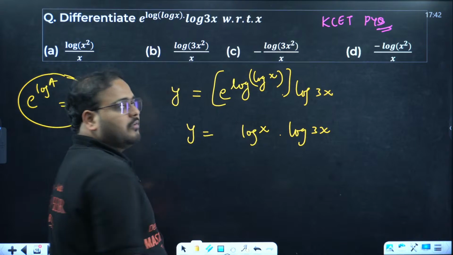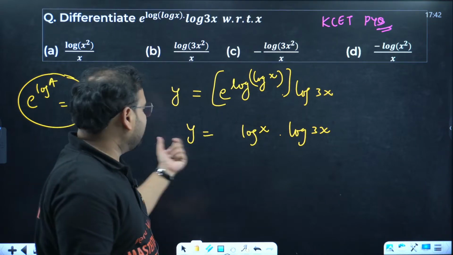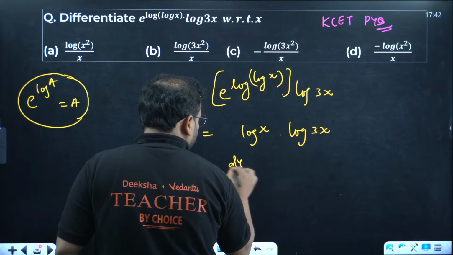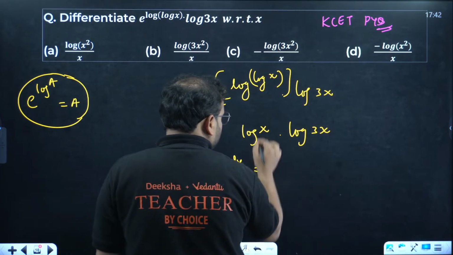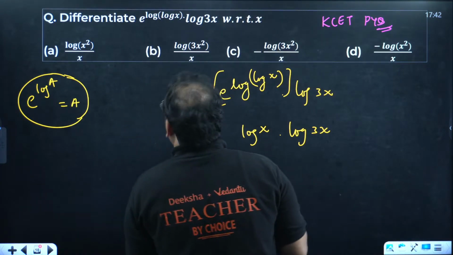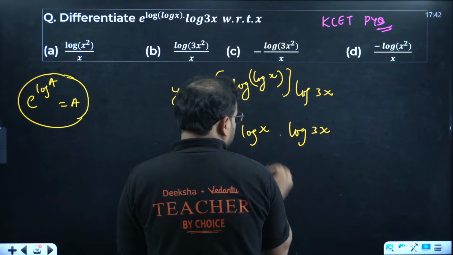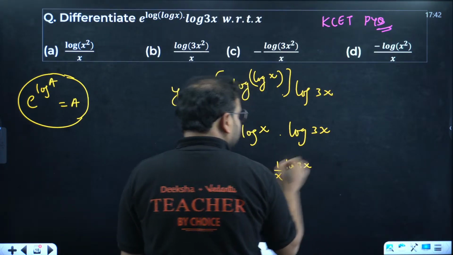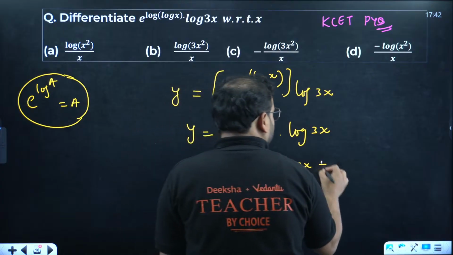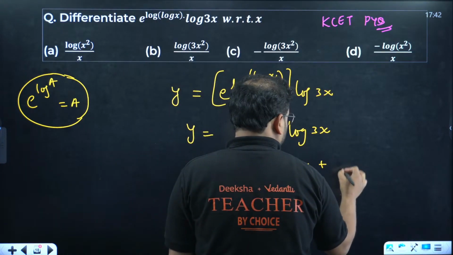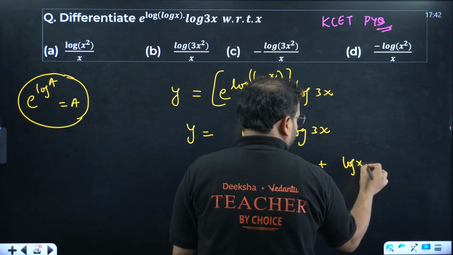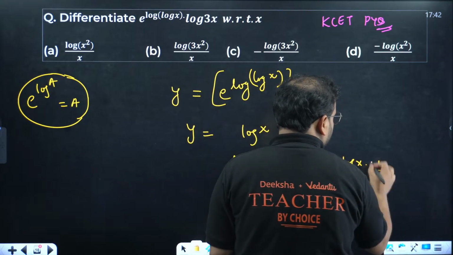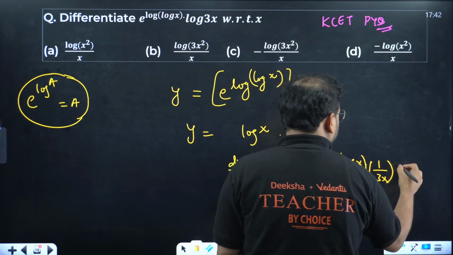But we can solve it by either applying log on both sides or simply the product rule. So dy by dx equals, check this out, differentiate this log and you'll have 1 by x times log 3x. Or this time, differentiate log 3x, you'll have 1 by 3x into 3.